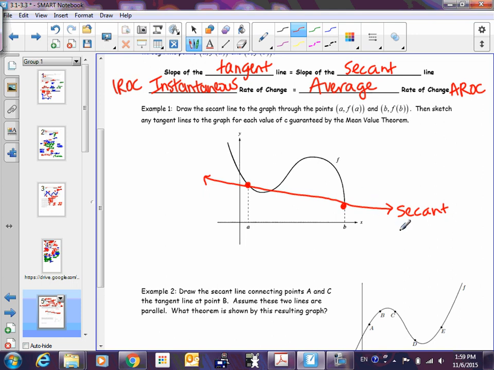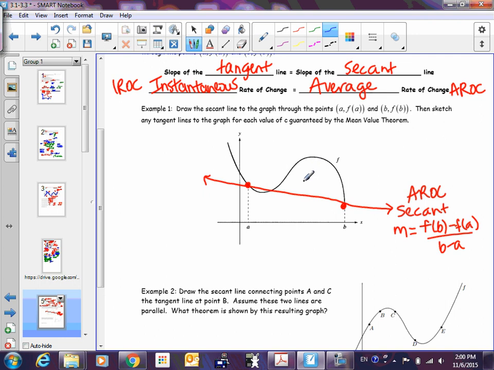The slope of this secant line is equal to rise over run: f of b minus f of a over b minus a. Basically, y minus y over x minus x, or however you want to think about it. That's how you do the secant line. It's just basic slope. That's why we need 2 points. And that is the average rate of change.